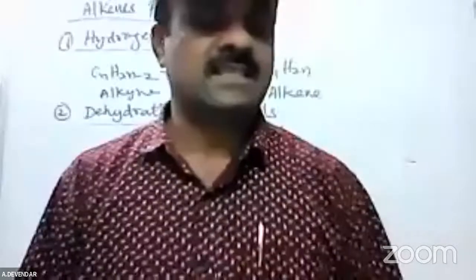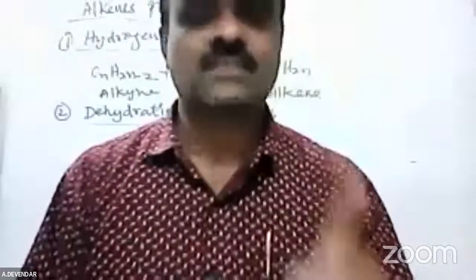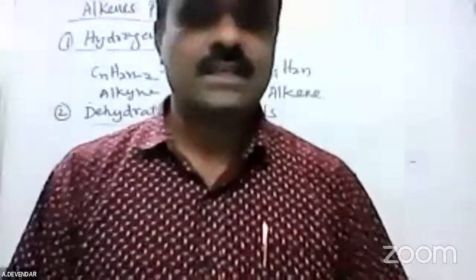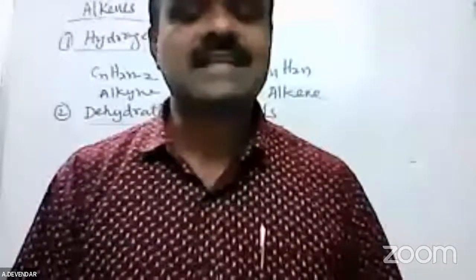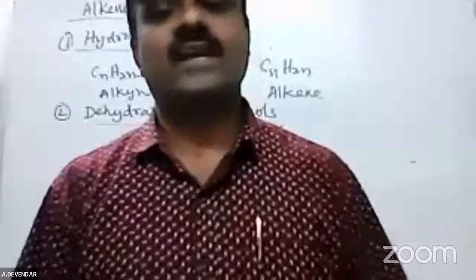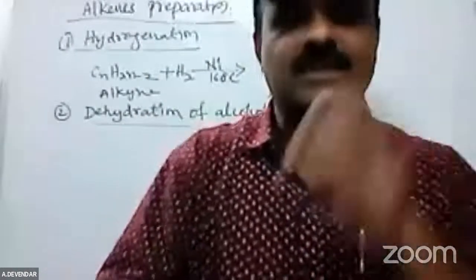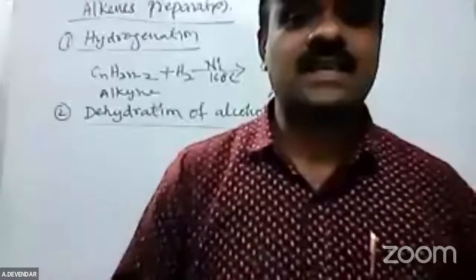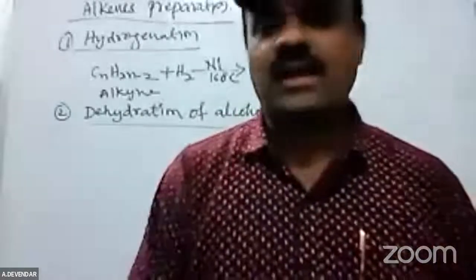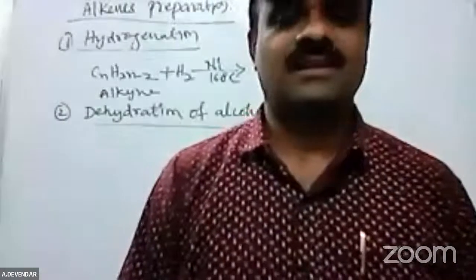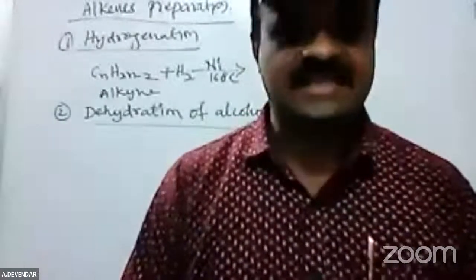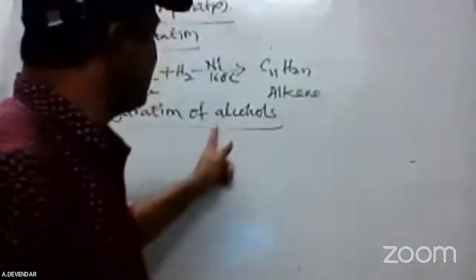Because our body consists of 95% water, so please remember to drink at least 4 to 5 liters every day. Our neuron cells have water present, 95% of water. If your body is dehydrated, the organs do not function properly and you get uneasiness and giddiness. This is dehydration, and here it is the dehydration of alcohols.